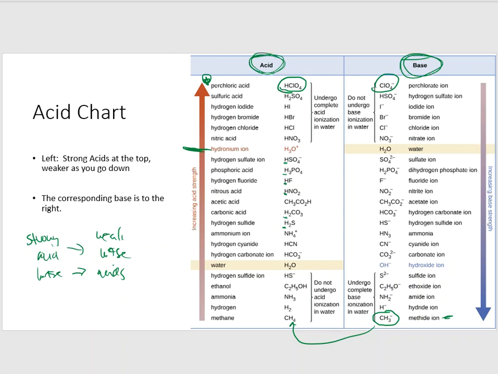So this is a very weak acid because of that. It is not going to be a proton donor. If it was a proton donor, it's going to be one for split seconds before CH3 minus decides to slap another proton back on it and call it a day. And that day is CH4. So this is the relationship between acids and bases as far as strength is concerned.